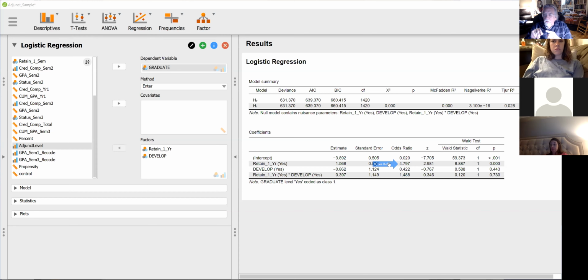In this case, we can say that people that were retained, yes, being the 1 value, not the 0 value, were almost 4.8 times more likely to graduate than the people that weren't retained after the first year. So they're almost 5 times more likely to graduate.